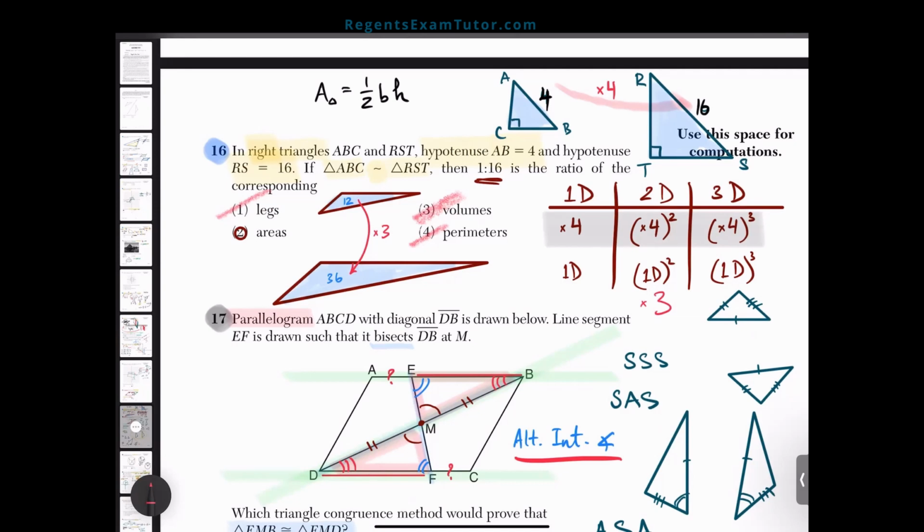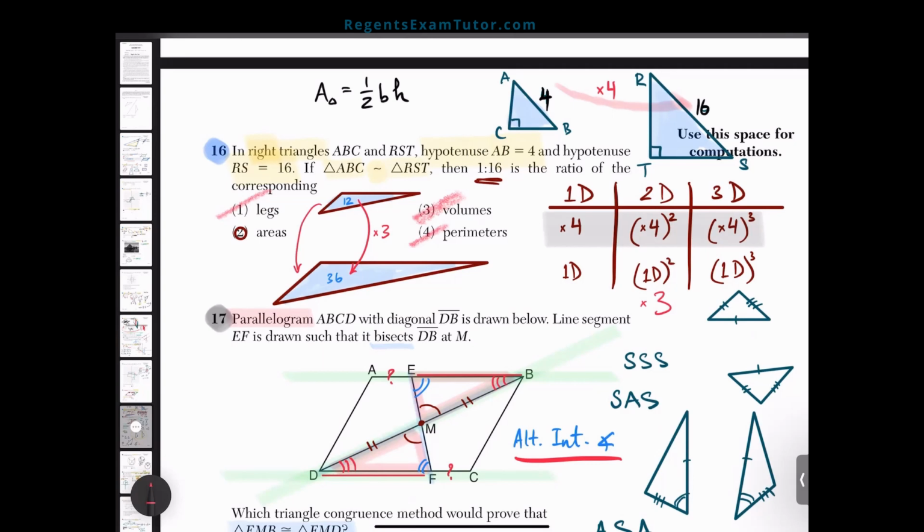So if the area of the larger triangle is 3 times the area of the smaller one, by what scale factor are the side lengths? What's the ratio between the side lengths?